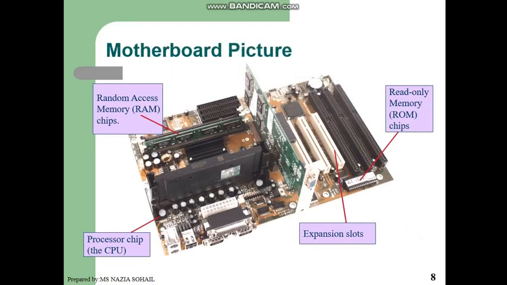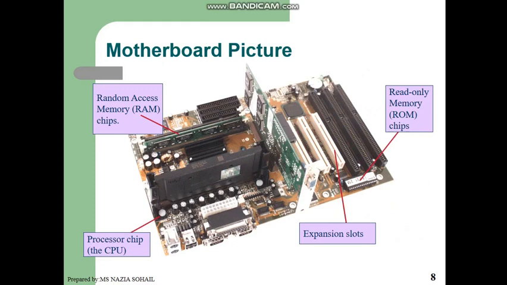It's a complete motherboard picture. The read-only memory chip is here. These are expansion slots. You can add and remove RAM memory in the expansion slots if you want to expand your memory.